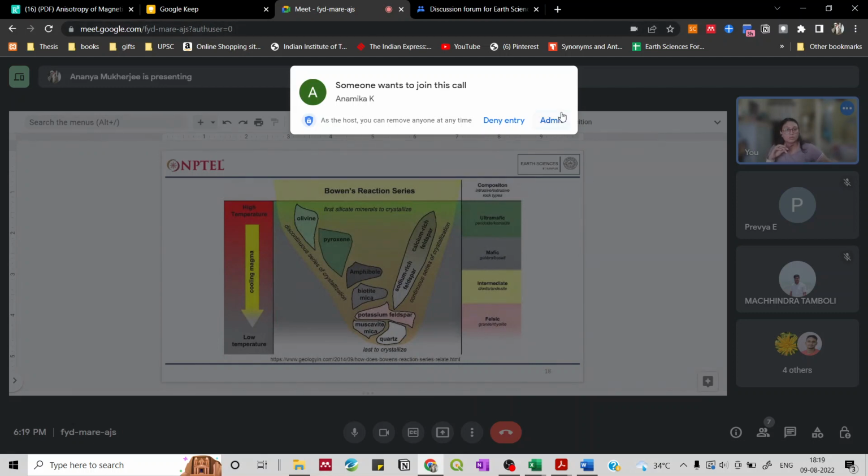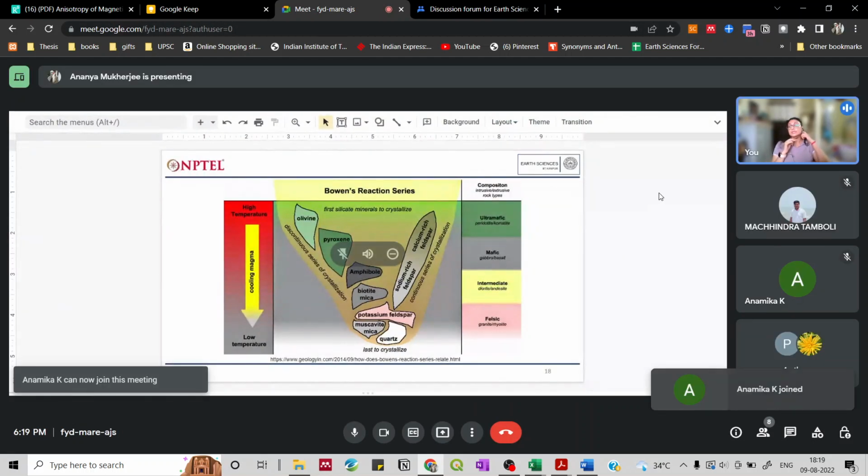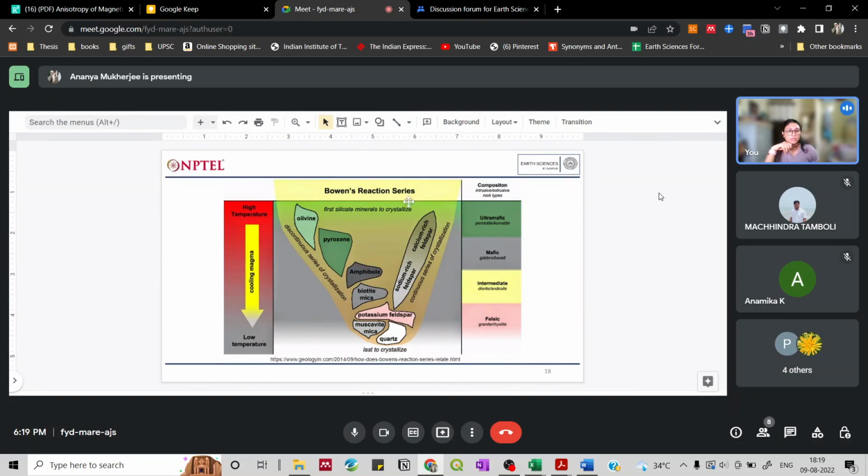So now we have the Bowen's reaction series. The Bowen's reaction series explains how minerals crystallize from molten magma. When we say that olivine crystallizes first, that means these have very high melting points.